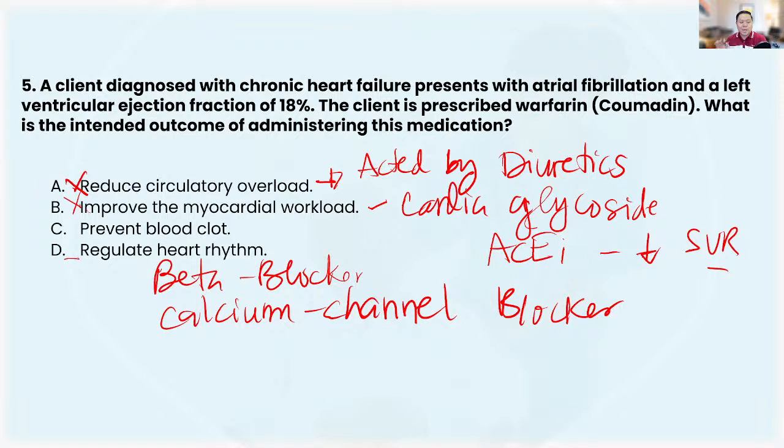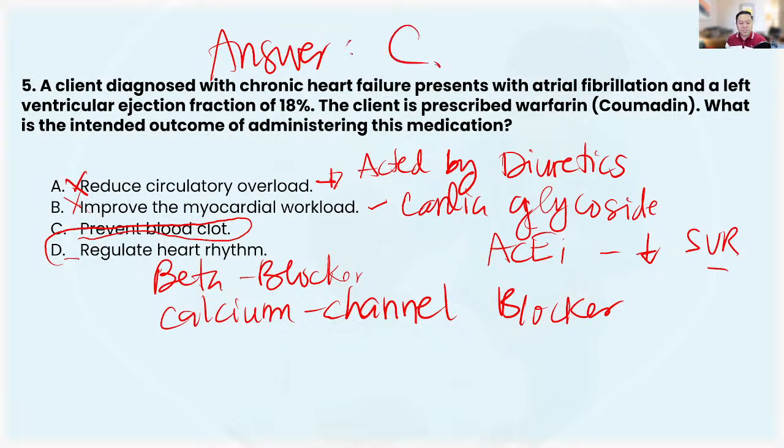So again, guys, our strategy here is for you to recall the different therapeutic effects of the medications, the drug action, the intent, why we're giving that medication to this patient, okay? And the question was focusing on figuring out why we are giving the anticoagulant, okay? And the reason for that is to prevent the blood clot. No other reason. So the answer is letter C.